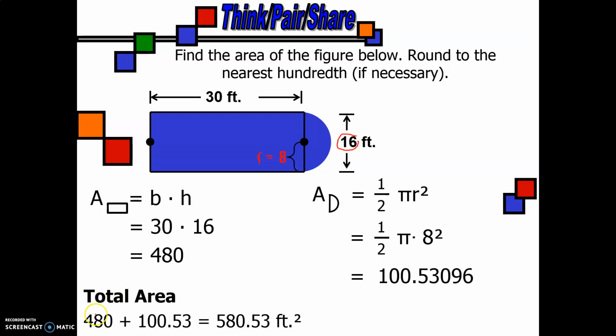But our total area here is going to be the 480 from this rectangle. So this area here is 480. And then the area from that semicircle, which is 100.53. And again, add those up, and you should end up with approximately 580.53 square feet.